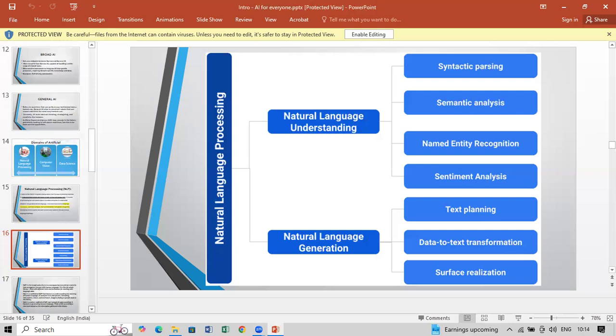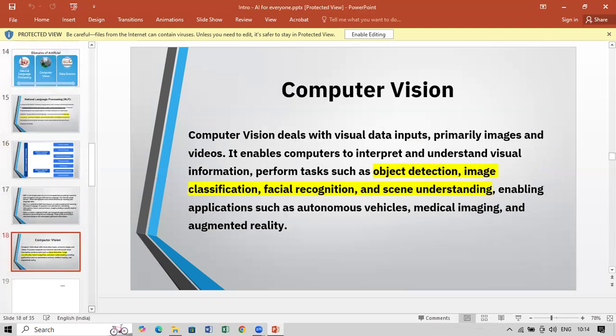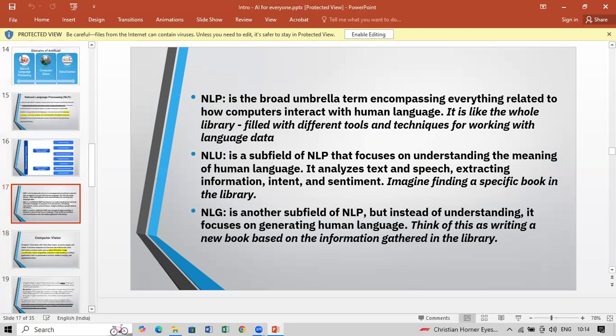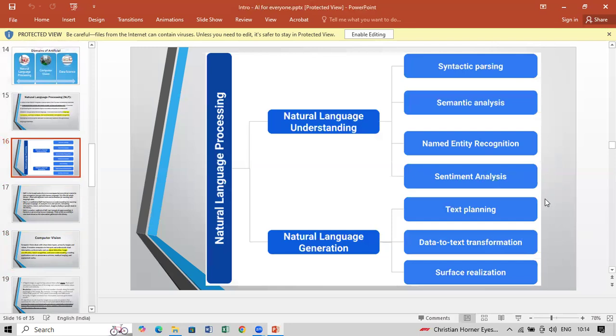In order to understand it in simple language, I'll put in some examples here. And then generation is basically conversion. Like whatever a person is speaking, I am able to write it. Is a machine able to convert data to text and text to data, right? So that kind of process is involved in the generation.